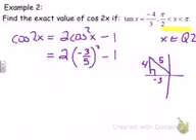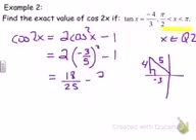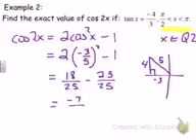We're going to square that, right? So that's 2 times 9/25, which is 18 over 25, minus 1, which I'm going to go ahead and write as 25 over 25. And that gives me negative 7 over 25.